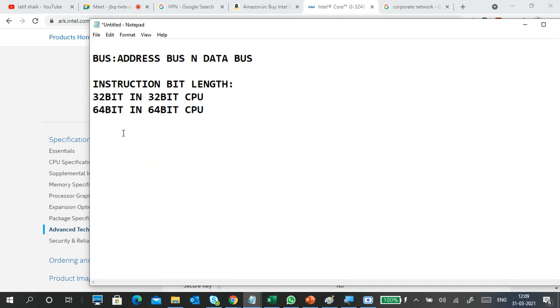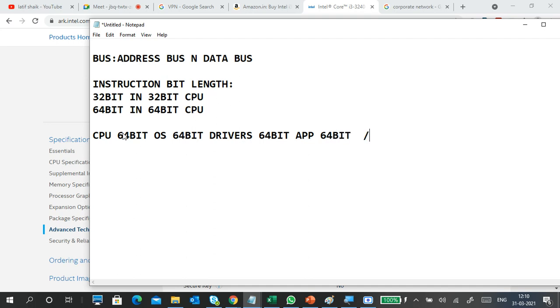Okay, this is the first thing. Second one, operating system. For example, if you are using a 64-bit CPU, you have to use a 64-bit operating system only. And of course device drivers are also there, they are also pieces of programs, and must also be 64-bit, and applications also must be 64-bit.